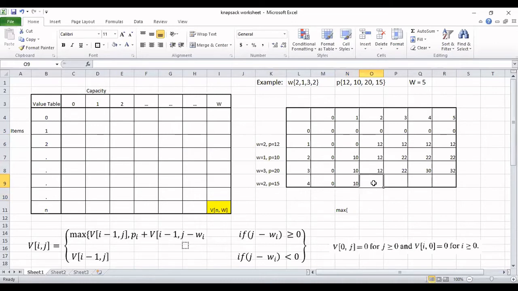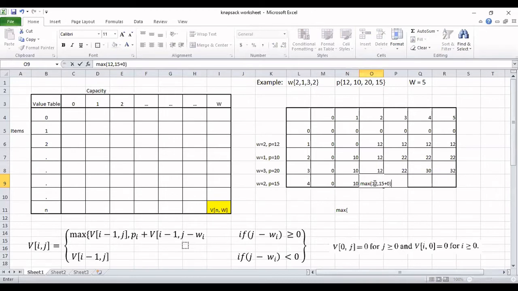So how about the next cell? V of 4, 2. We can accommodate. When we can accommodate, we maximize: max of previous profit, 12, and considering the current item, 15 plus V of I minus 1, J minus WI, which is 0.